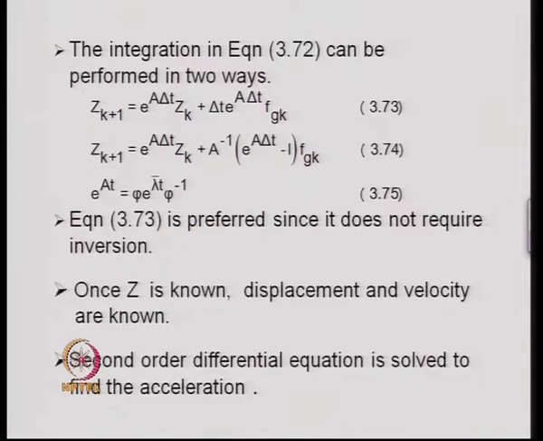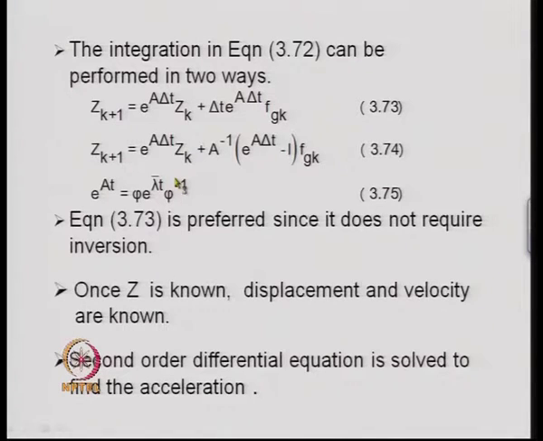So, in the entire problem, the numerical computation which is somewhat intensive is the computation of e to the power A t. Once we are able to obtain the value of e to the power A t, the rest of the formulation is very simple, and one can write down the value of z k plus 1 provided one knows the value of z k.